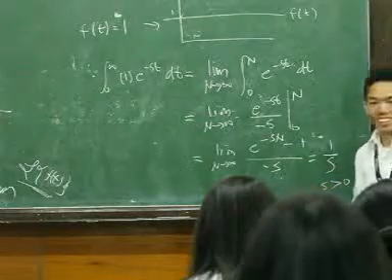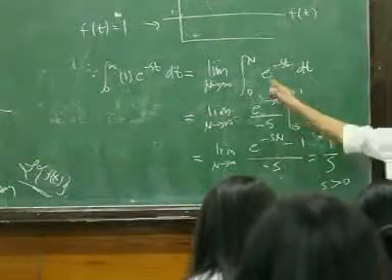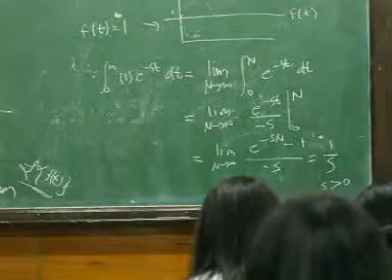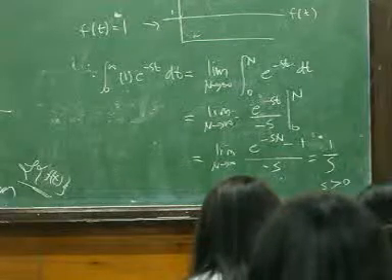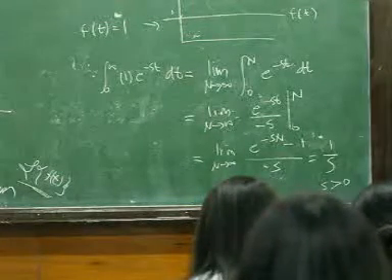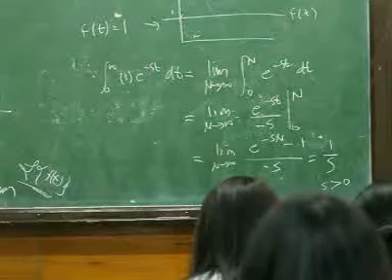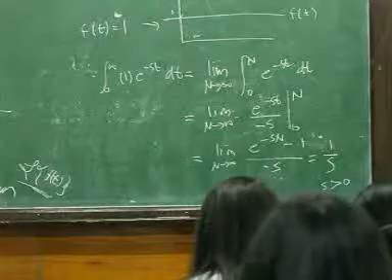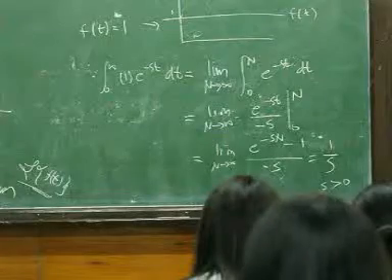It's divergent. As you can see in the graph of this function, what if s is negative? Well, there's no meaning. There's no graph, no curves. So it's meaningless.